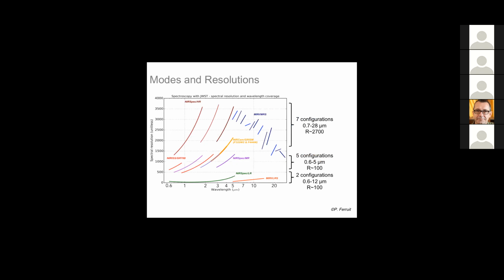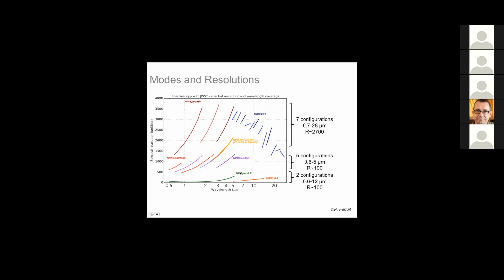So if we dive into the details, here is a summary plot of the different resolutions as a function of wavelength. As you can see, there are many configurations that are possible on James Webb. But what you have to understand in this plot is the following. If you're interested in the complete wavelength coverage at a low resolution, you will only need 2 configurations: the prism mode on NIRSpec and the LRS on MIRI.